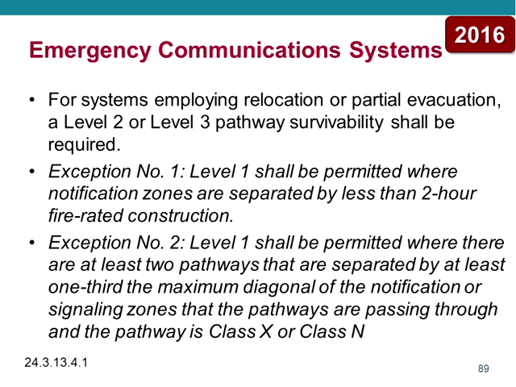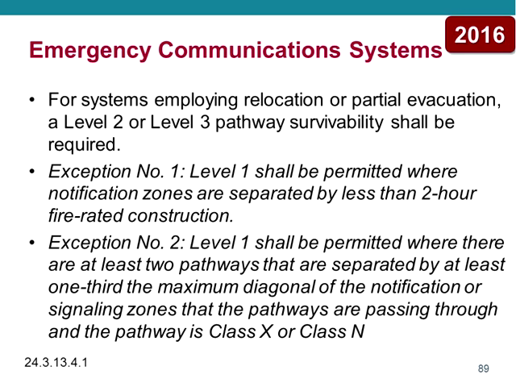For systems employing partial relocation or partial evacuation, you basically need a level 2 or level 3 pathway survivability, which means either I have a 2-hour pathway, or I have a 2-hour pathway with a fully sprinklered building. So level 2 is basically a 2-hour pathway, and level 3 is the same thing plus sprinklers, a fully sprinklered building.